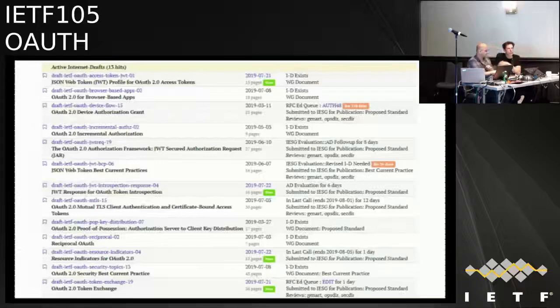Yeah, so the key distribution one is an interesting topic because last time I talked about this briefly, and then a question came up of what happens in a case where the key that the client is presenting for inclusion into the access token is not the same one being used for authentication by the client to the authorization server.